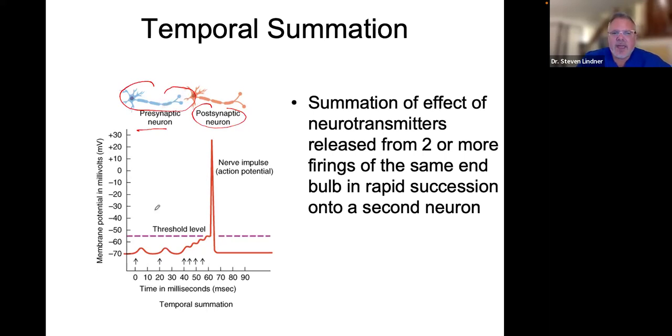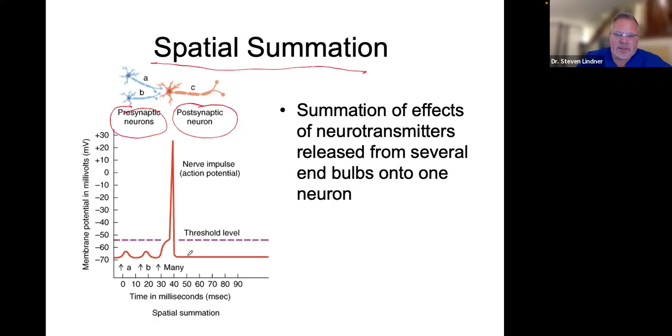So if we compare the time in milliseconds, comparing temporal summation to spatial summation, in spatial summation, this is the summation of effects of neurotransmitter released from several end bulbs onto one neuron.